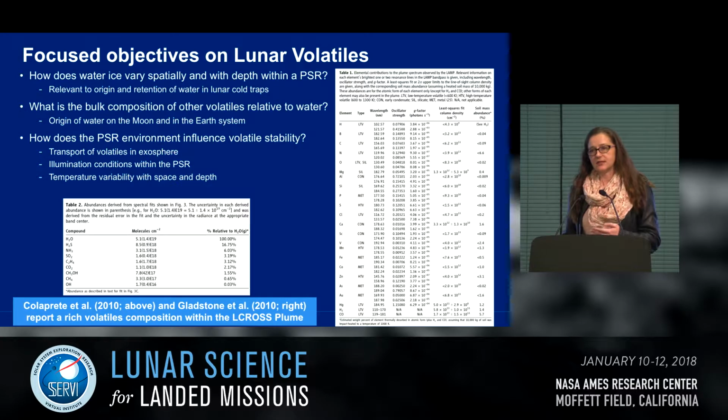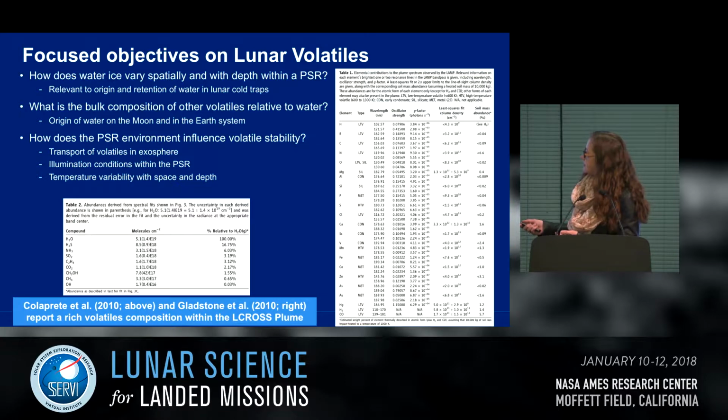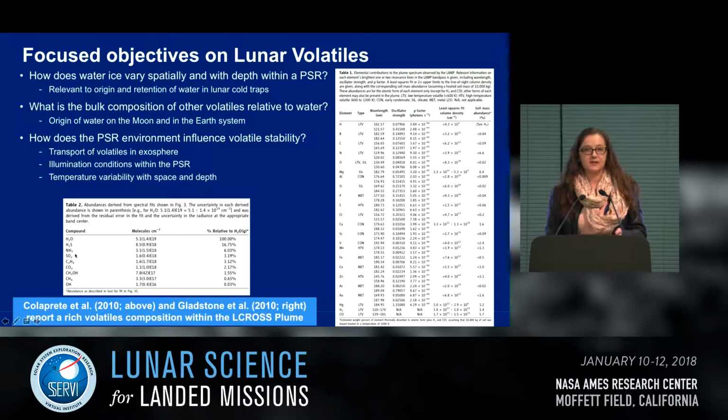It's not the only volatile of interest for ISRU, but it's also very important to understand the composition of other volatiles for the origin of volatiles in the inner solar system. The L-cross plume example is a prime example of why this is important, because a lot of the volatiles that showed up are things that you see in a comet.